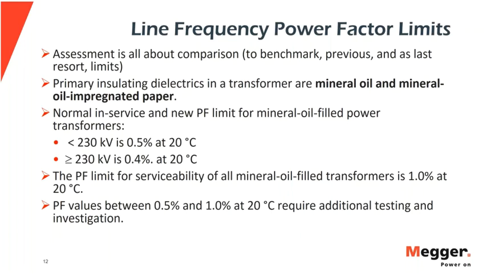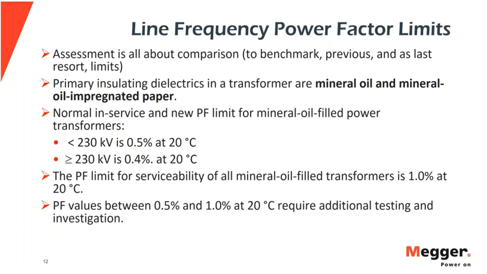To give some perspective about expected power factor results in insulation testing, we'll take a look at limits established for transformers and also some of the associated analytic guidelines. The primary insulating dielectrics in the transformer are mineral oil and mineral oil impregnated paper.